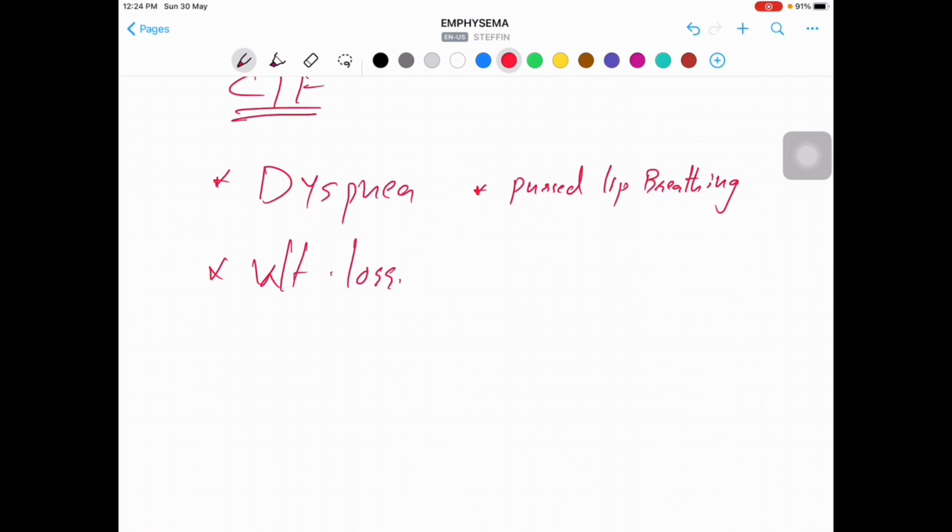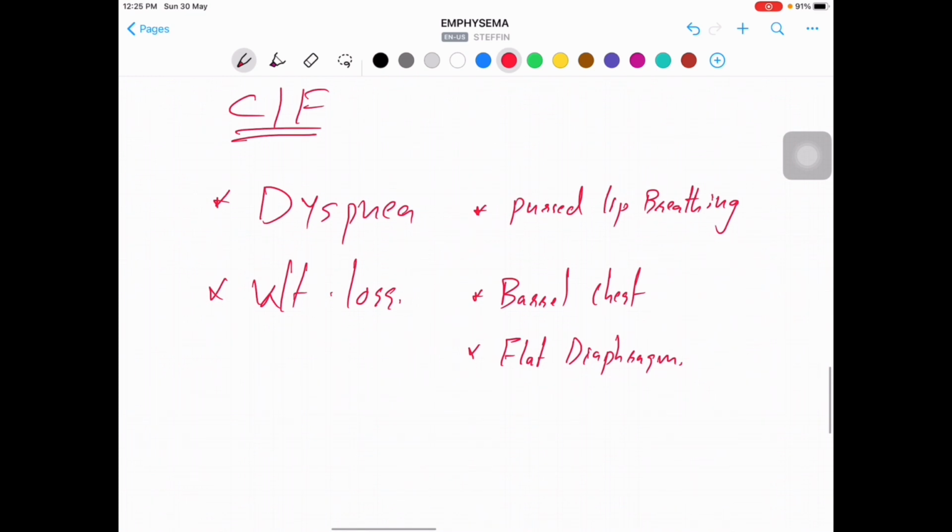And also barrel chest. Barrel chest is due to the destruction of alveoli, which causes air to be trapped inside the lungs, and that makes the chest look like a barrel. That's why it's called barrel chest. And also flat diaphragm. These are the clinical features.